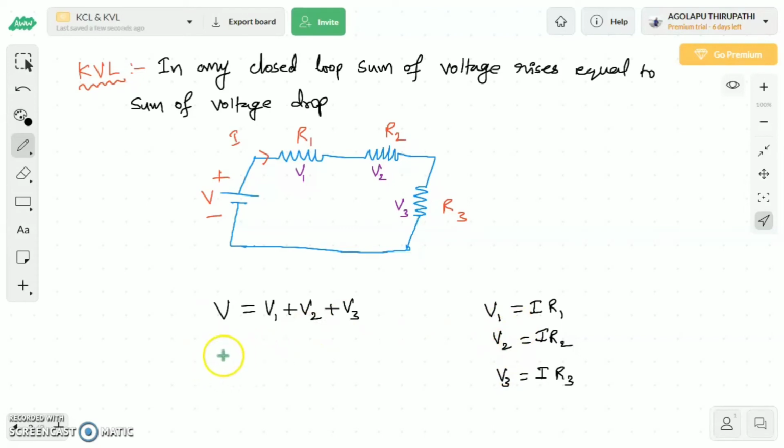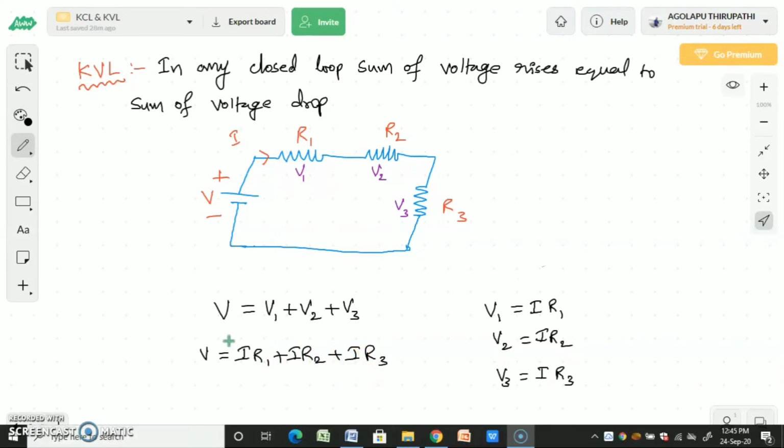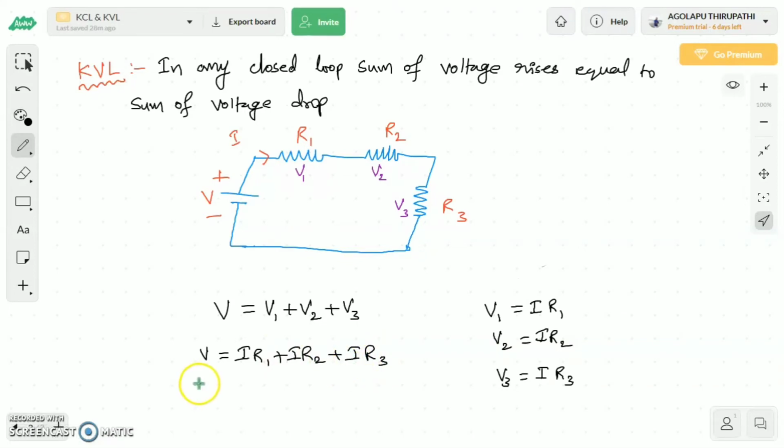So then V is equal to, I am substituting these three values, I into R1 plus I into R2 plus I into R3. Okay. Next here we can take I common. So therefore V is equal to I times R1 plus R2 plus R3.